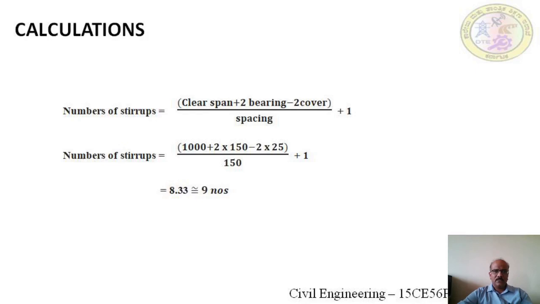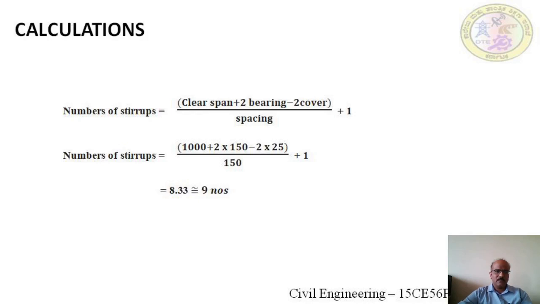In that we need to deduct the 2 covers, divided by the spacing, plus 1, which will give you the number of stirrups required. The clear span is 1000 mm. 2 bearings on the other side are 150 mm, 2 into 150, minus end covers, we need to deduct 2 into 25, divided by 150, the spacing of stirrups, plus 1.